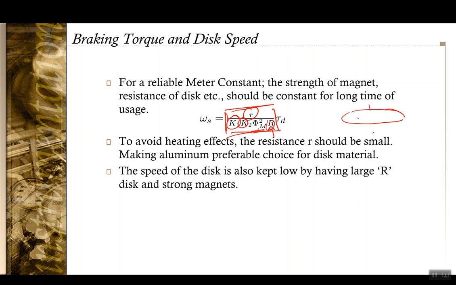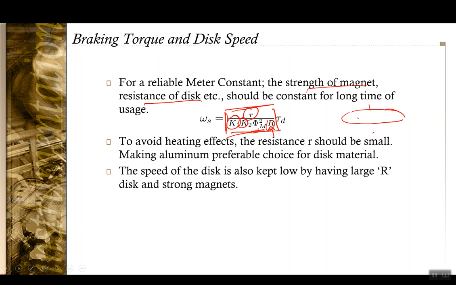We also need R, the resistance of the eddy current circuit, to be constant. So the strength of the magnetic field and the resistance of the disc should be made constant for the meter to be effective for long-term usage.